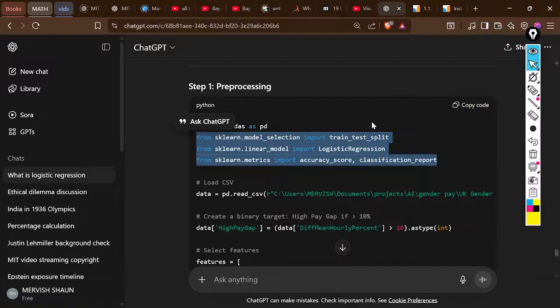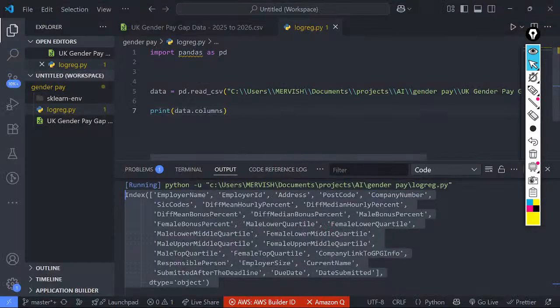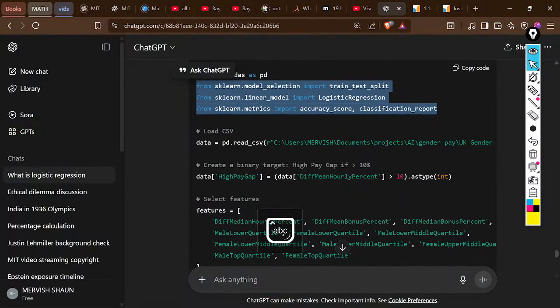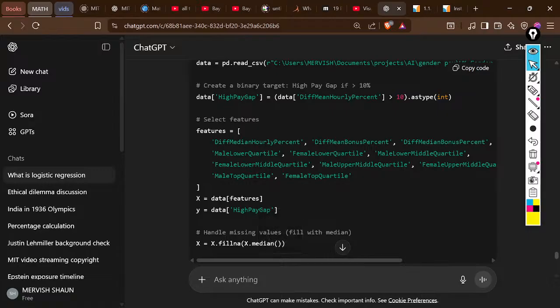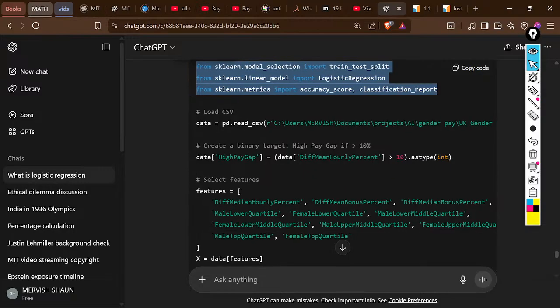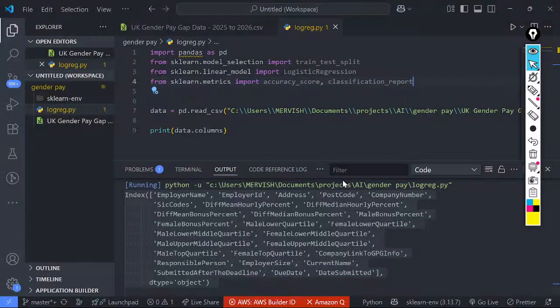Model selection, metrics, accuracy score, classification report. Okay. Features. Create a binary target, high pay gap. Okay, data high pay gap.